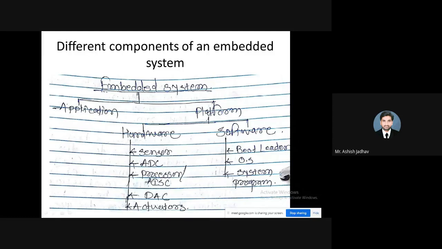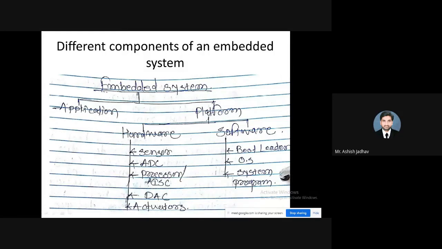In hardware we have the sensor. What is the role of sensor? Sense and get the input. Correct. The role of the sensor is to get the input.